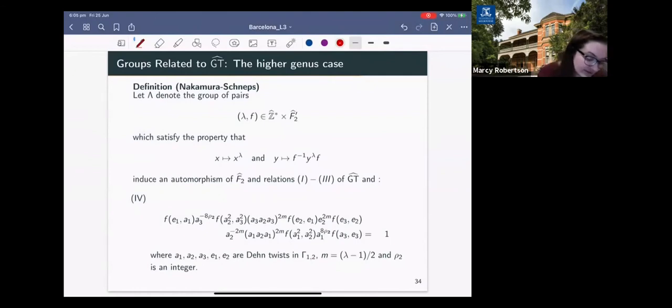from Nakamura and Schneps, and there's also a version of it in an earlier paper. I should have added both here. Oh no, I think there's an A I'm missing. Hold on. Anyway, I'm going to misspell his name.